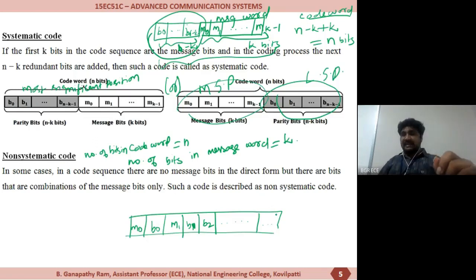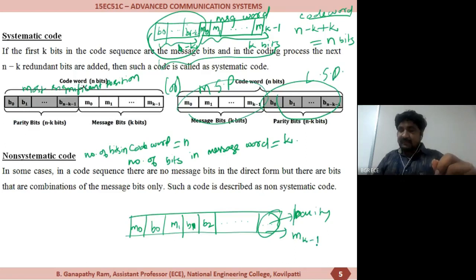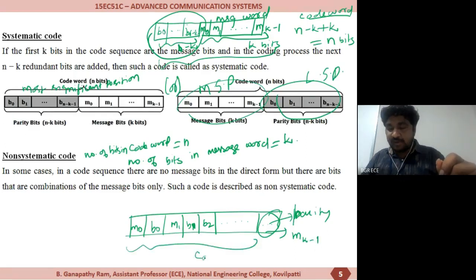Either it may end with a parity bit, or the last bit of the message, and the code word will be formed in this way.